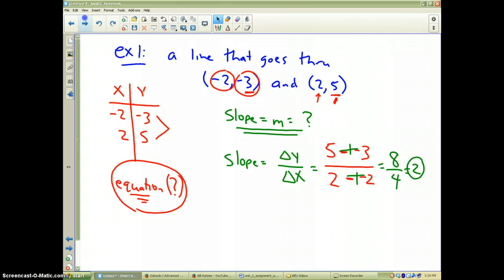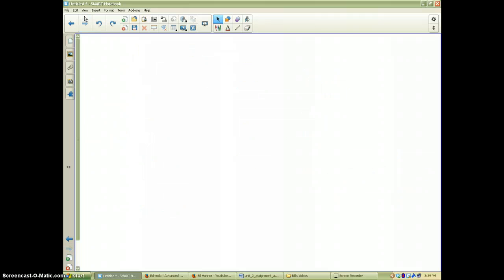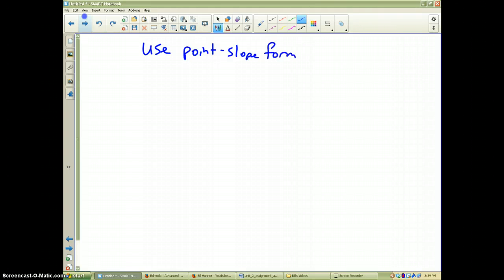Now, what I'm going to do is go forward a screen. I'm going to save this information. I'm going to jump forward, and we are going to use point-slope form to solve our problem. And from the first screen, we know that was y minus y1 is equal to m times parenthesis x minus x1.